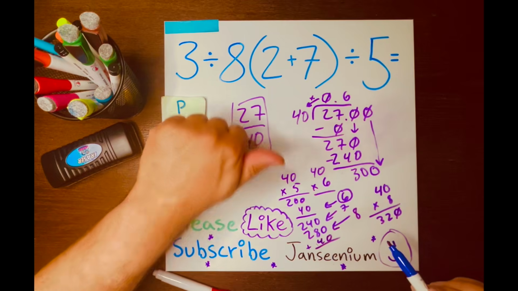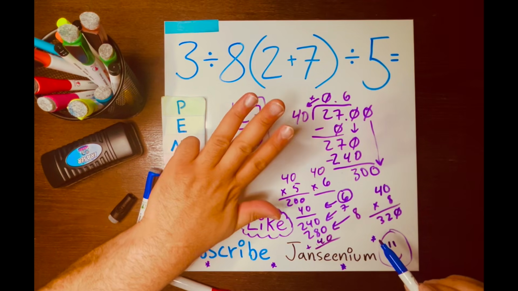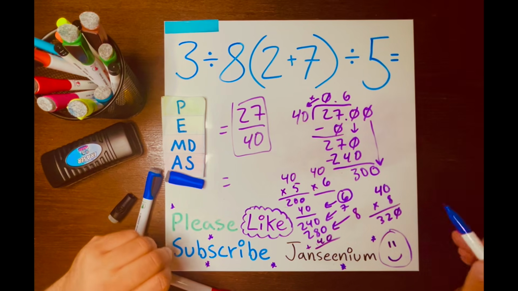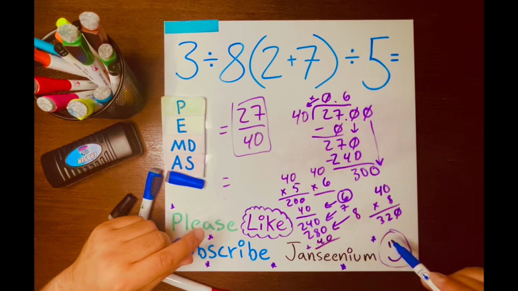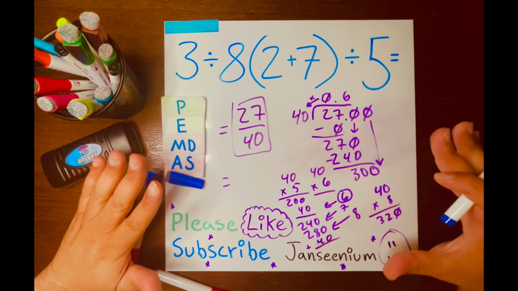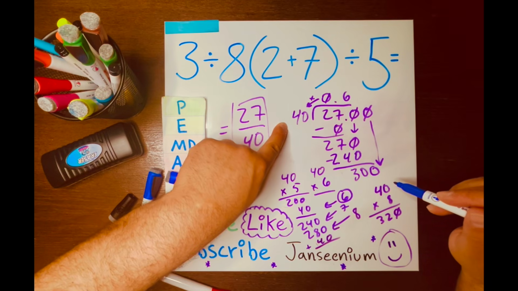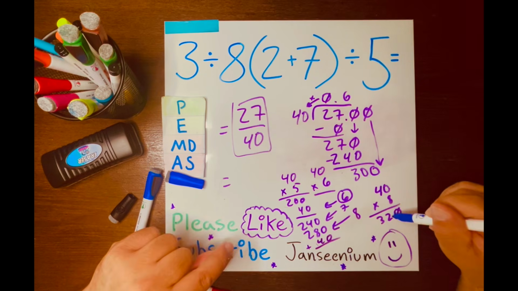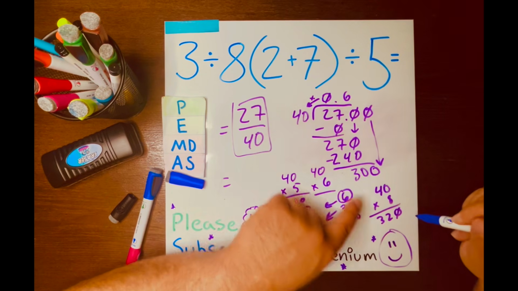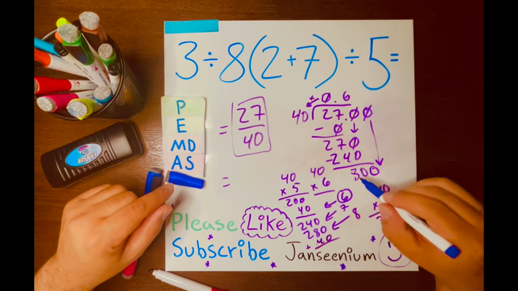280, 290, 300, 310, 320. So that's 40. So that goes, uh-oh, I confused myself here. Hold on. So yes, 40 can fit into 300 7 times, right? Not 8 times, because that goes over 300.